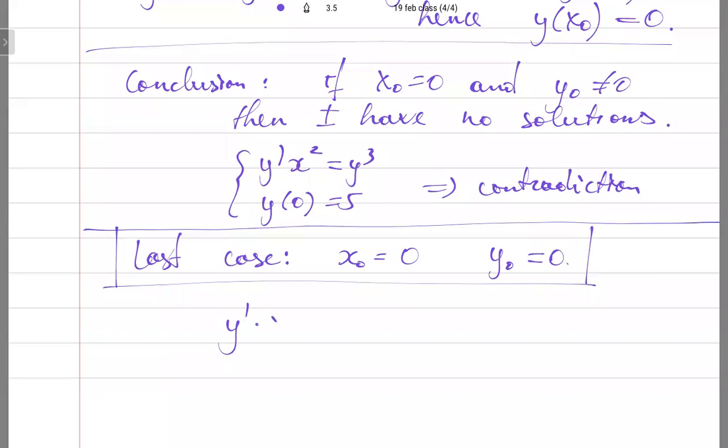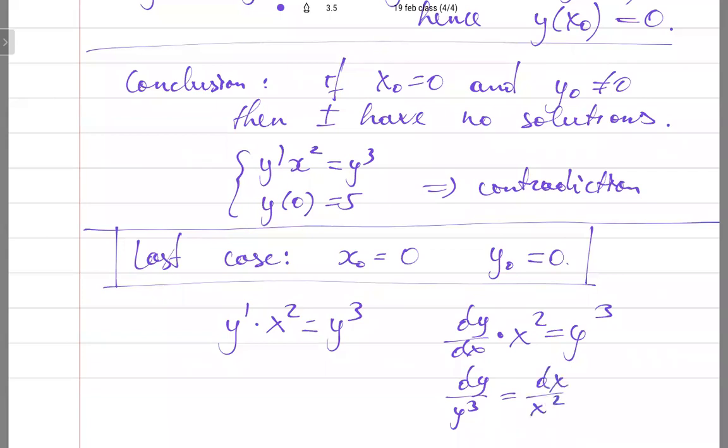If y prime times x squared is y cube, then dy/dx times x squared is y cube, and dy over y cube is just dx over x squared, and we should consider the separate solution y of x equal to 0.